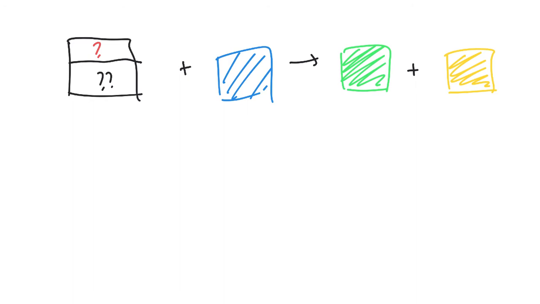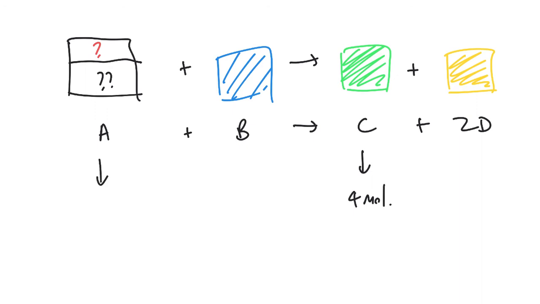So, let's just say that the reaction is A plus B goes to C plus 2D. That's the balanced equation there. If I say that I have 4 moles of C produced, how many moles of A would there be? 4.